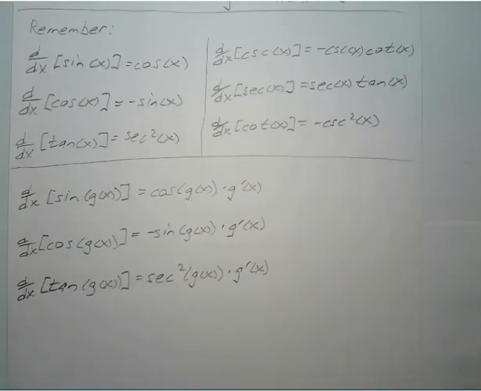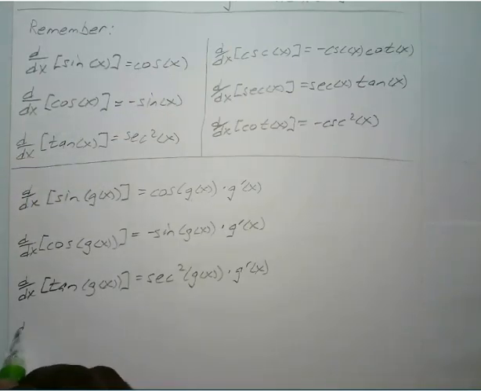Hopefully you're starting to see the connection between the derivative of a trig function of just x, and the derivative when you have an actual function instead of just the x value. For the most part, you're just getting the derivative and then multiplying it by the derivative of what's inside.